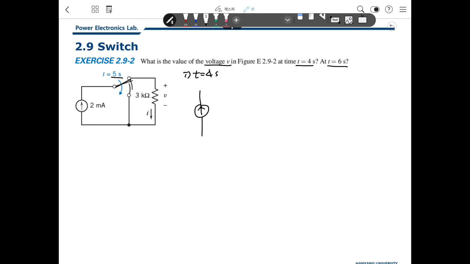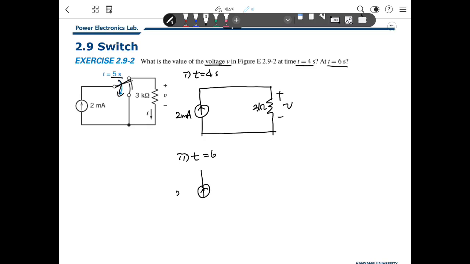So we can draw the circuit with 2 milliamps connected here, and this is 3 kilo ohm, this is V. And what happened when t is 6? Then the switch operates in this way, so 2 milliamps goes through this way, and the resistor's original current path is connected to this source, because it is connecting this way.